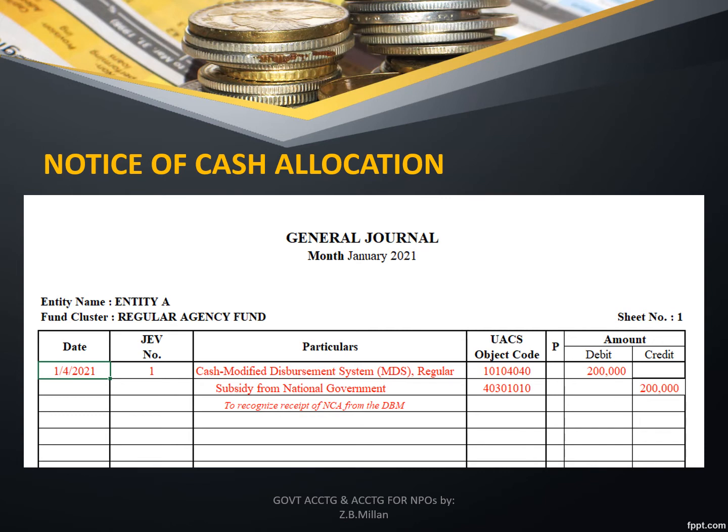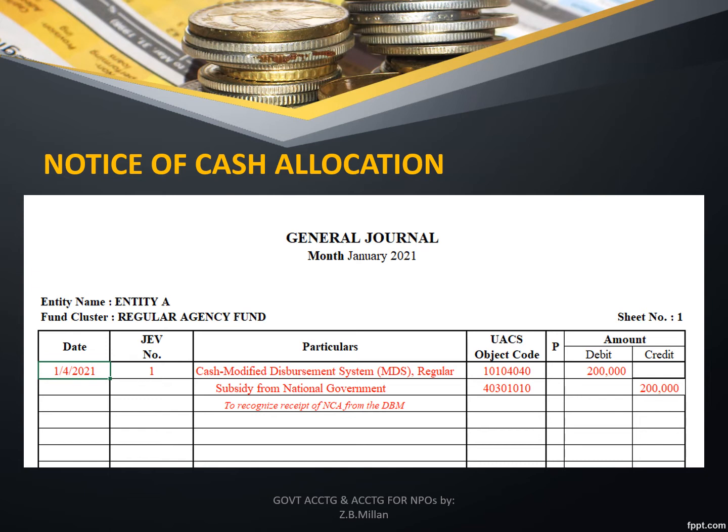So, suppose na naka-receive na ng cash or nagkaroon na ng disbursing authority ang entity A, or disbursement authority, in the form or evidenced by the notice of cash allocation. So, naka-receive siya ng 200,000 na Notice of Cash Allocation from the DBM.